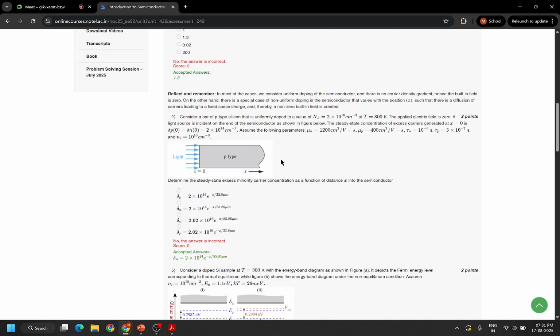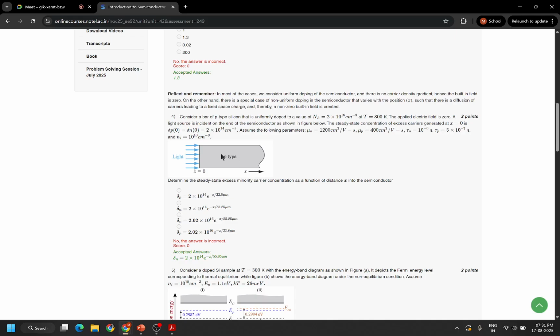So you only have diffusion and recombination.